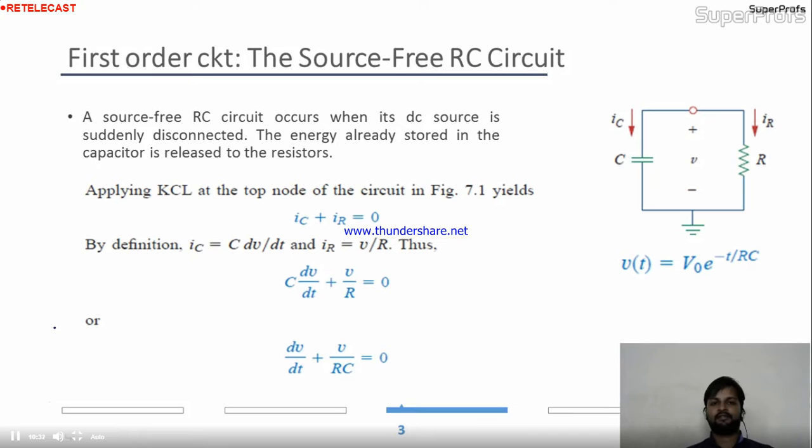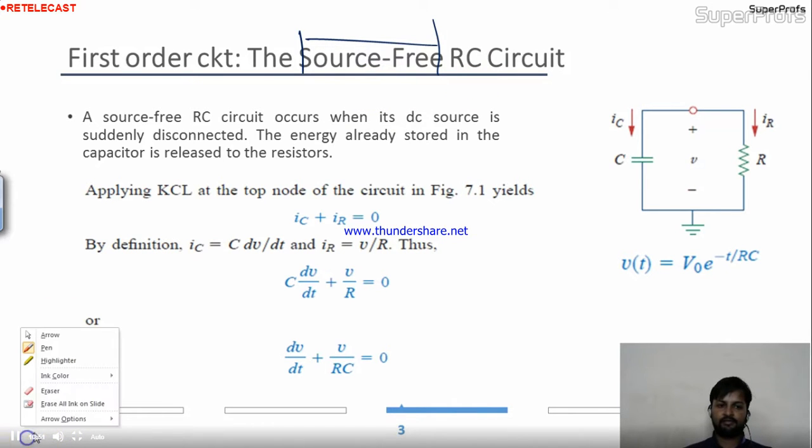Now we'll see the first order circuit, or the source free RC circuit. Source free. Here the concept is the source free. Source free means in your circuit there is no independent source, right? When this condition comes in the circuit, I'll show you an example over here.